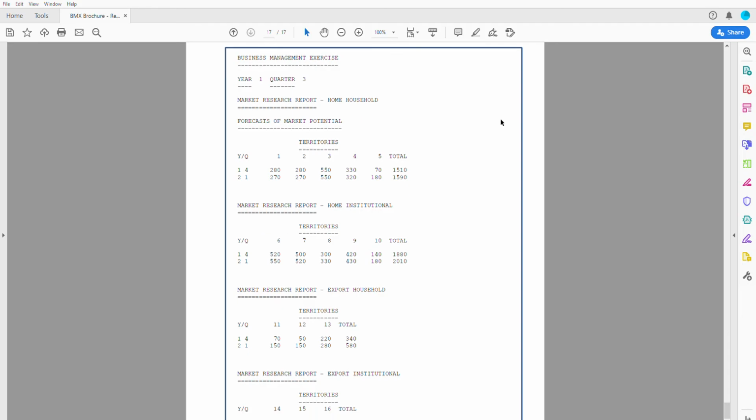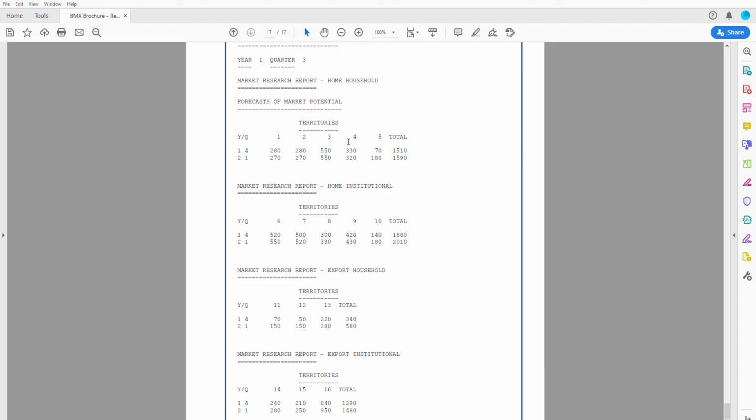If you study this report, you're going to see, for example, that here we've got year 1, quarter 4, that's the next quarter. And then we've also got on the same sheet year 2, quarter 1. And we've got this information for territories 1, 2, 3, 4, and 5, and all the way down at the bottom here for territories 14, 15, and 16.